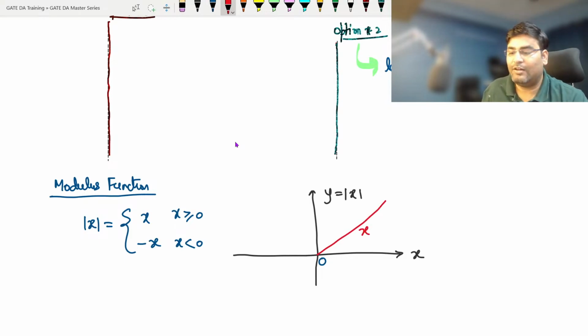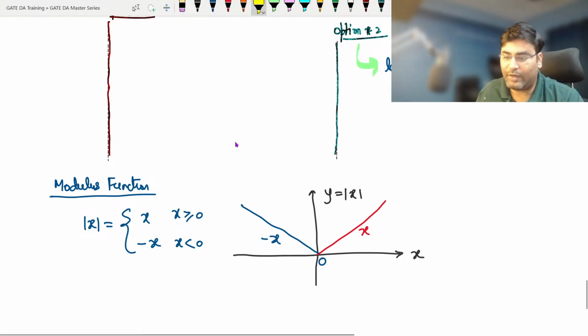Correct, guys? When x is negative, which is less than 0, you will see minus x. Maybe I'll use a different color, maybe blue, and then you will see that mod x has two tangents at x equal to 0. And whenever you see two tangents, which are those tangents, guys? Come on. One is x.